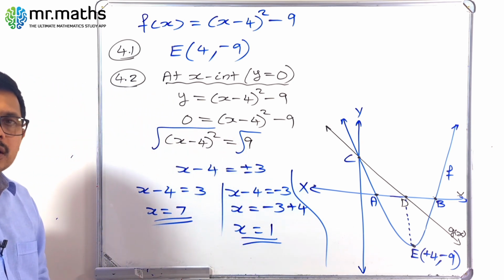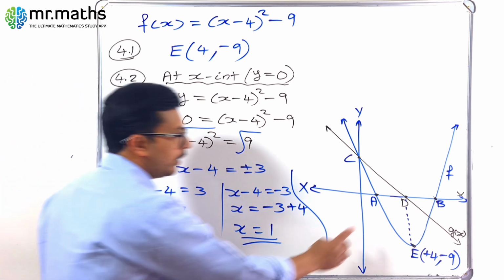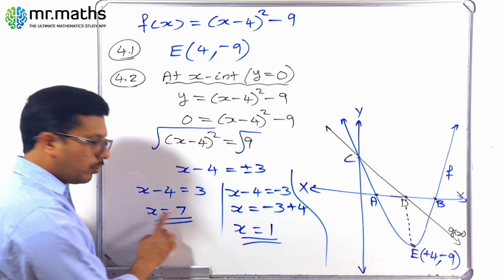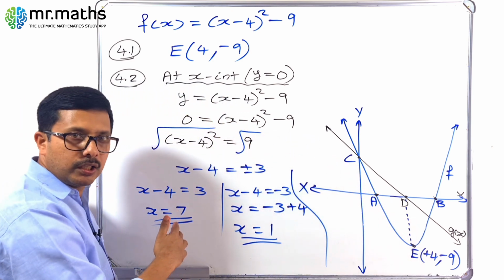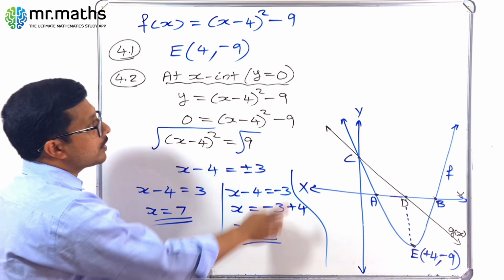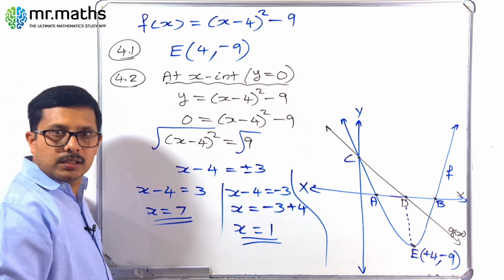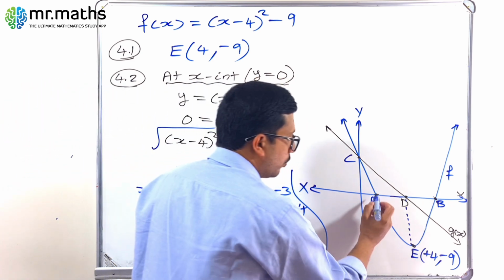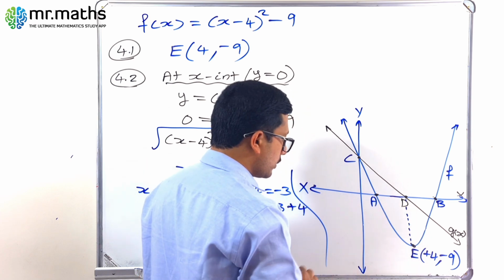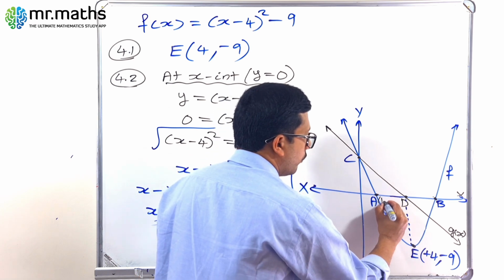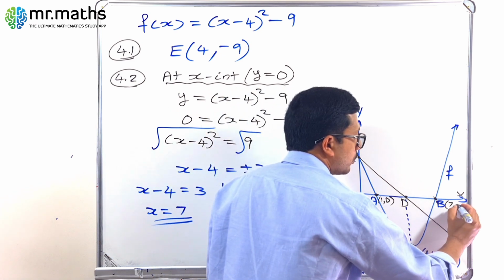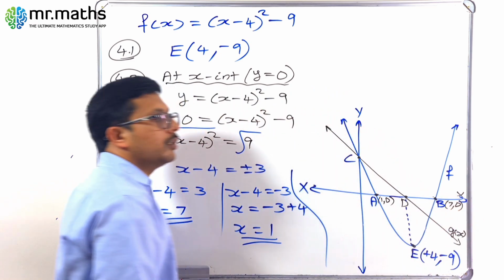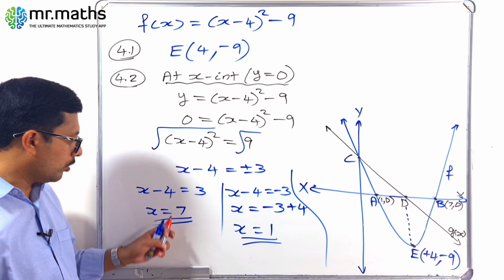So which one is the x value for A? Is it 1 or 7? Of course, the smaller value is on the left side. And what is the y value? Y is 0. So the coordinate of A is 1 comma 0. And even though that question is not there, the coordinate of B is 7 comma 0.